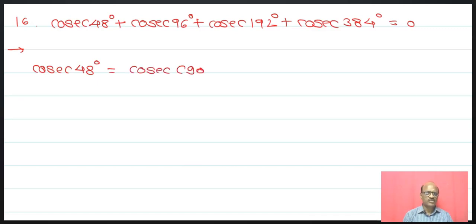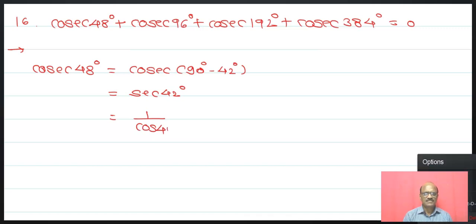Cosec 48 is equal to cosec (90 minus 42), that is, the subtraction comes to 48. So cosec 48 can be written as cosec (90 minus 42), since 90 minus 42 is 48.